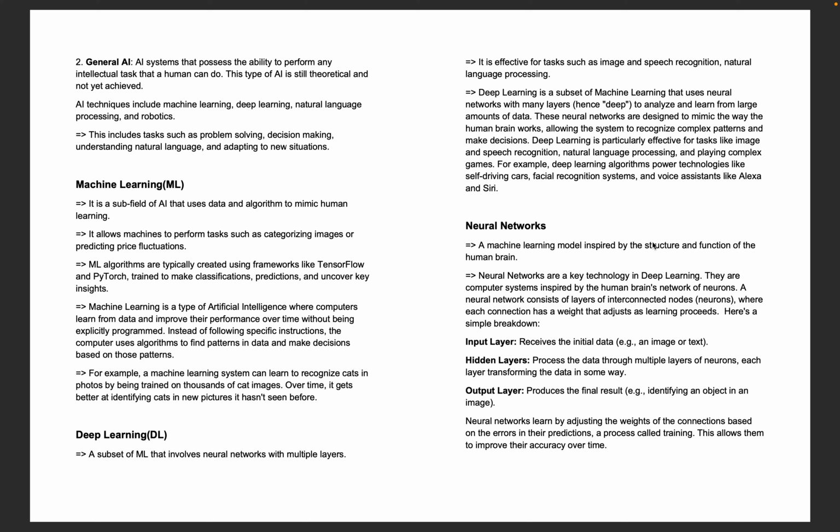It helps in speech recognition and image recognition. There are many layers, that is why its name is deep. It is very useful. Some examples we can say are self-driving cars, which use deep learning. Facial recognition systems and voice assistants like Alexa and Siri all come under deep learning only.